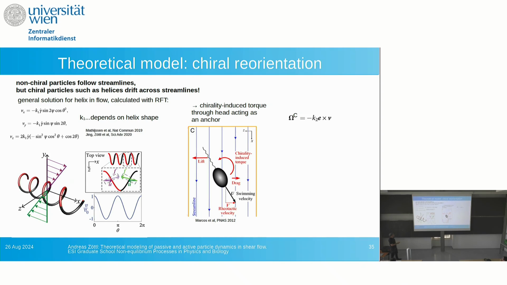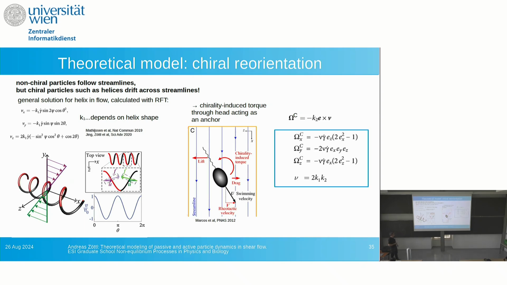So E is now the director of your particle, passive or active. And V is here this chirality-induced velocity. And then there is another prefactor K2, which depends on the shape of both helix and head. And then you can calculate this chirality-induced torque depending on the orientation of your chiral particle.